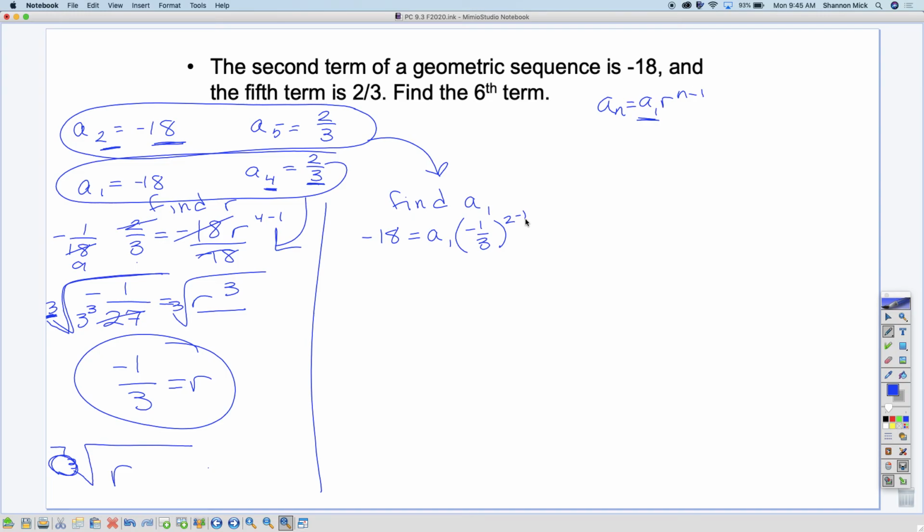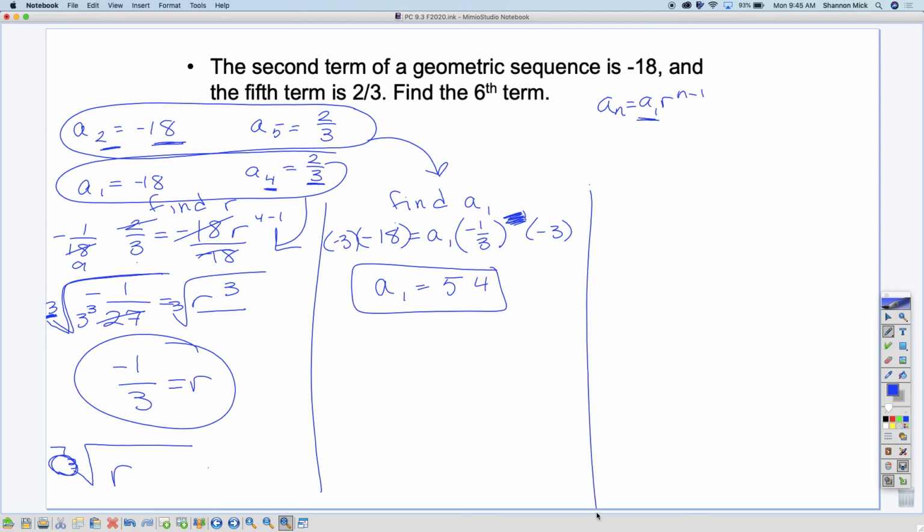So negative 1/3 I need to bring over to the other side, so I need to multiply by negative 3 on both sides. A negative times a negative is a positive. So 3 times 18 is 54. Now we can solve it. So now I have a sub 1 and I have r. So what do I do now? You put it in for.